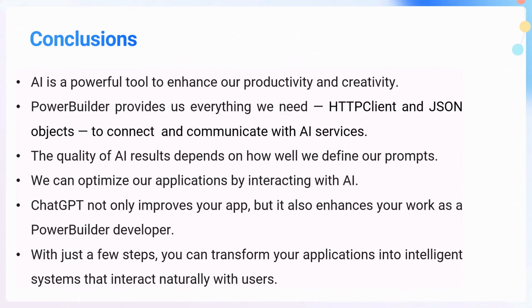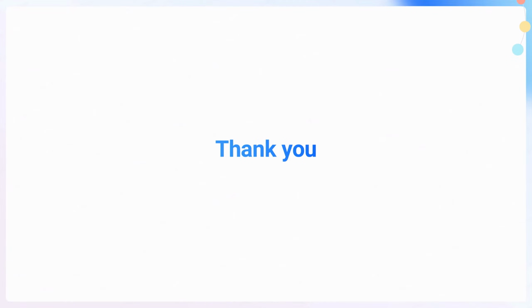So, this is what I want to show you. I hope this information will be very useful for you in order to start interacting with AI in a basic way. So after that, you can do more advanced things using PowerBuilder and AI.